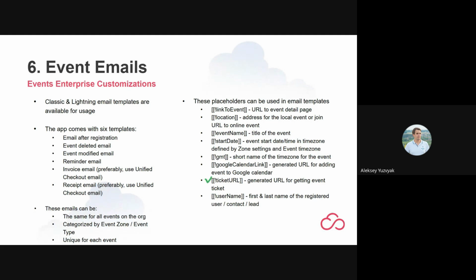Ticket URL, it's a URL for generating a QR code and getting the ticket for the event, and username as a registrant. We also allow creating placeholders or merge fields based on a so-called query, if I'm not mistaken.